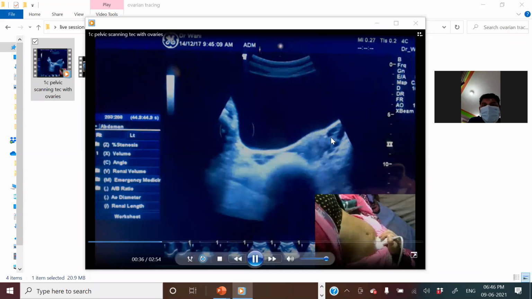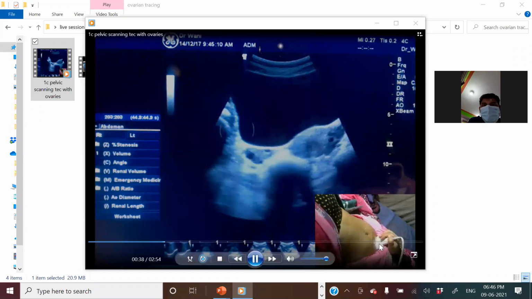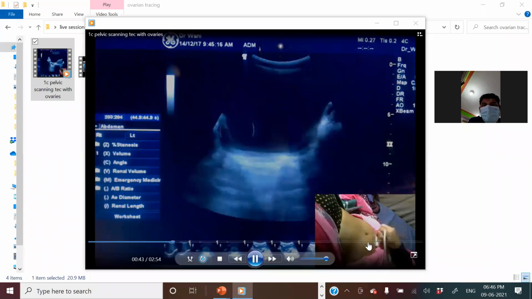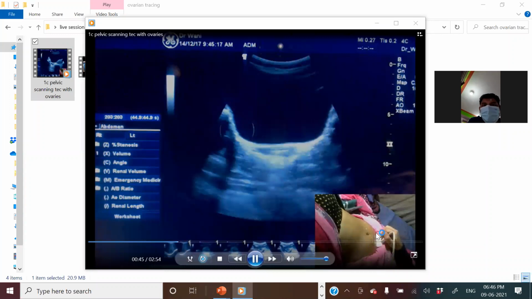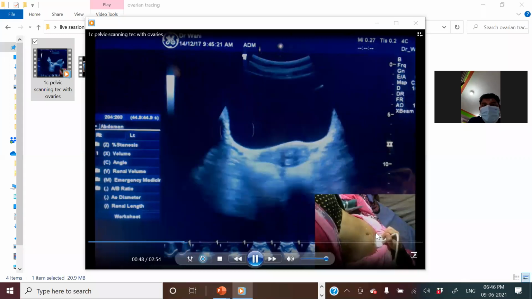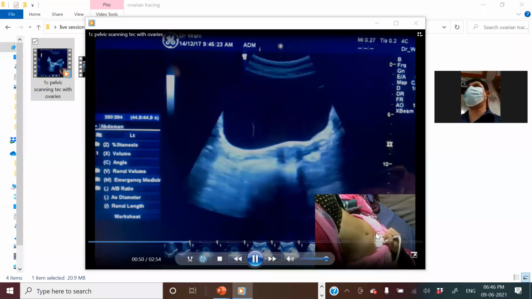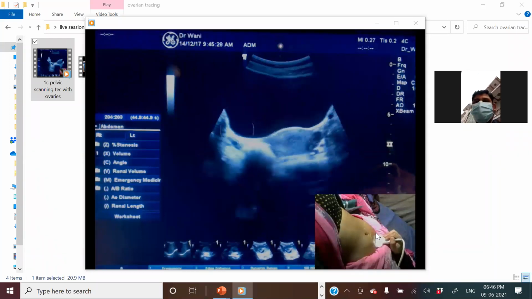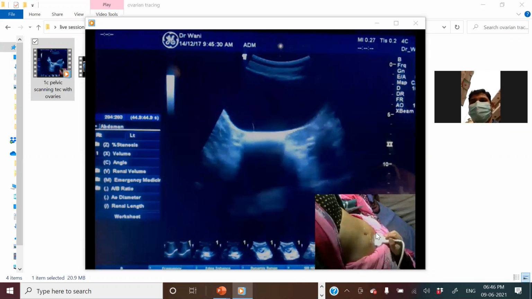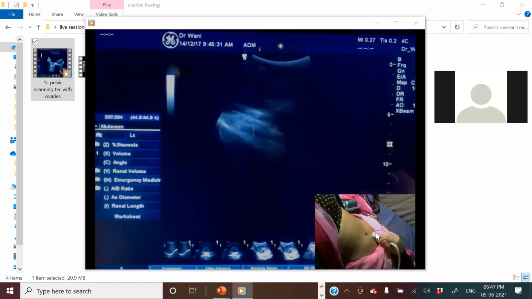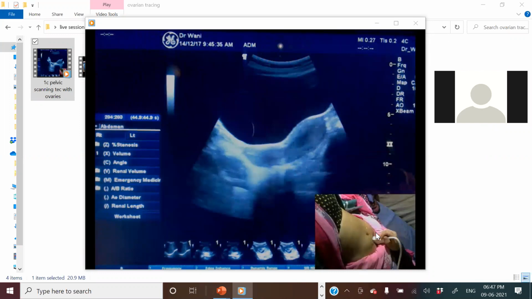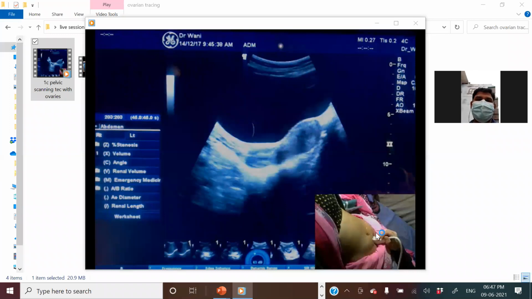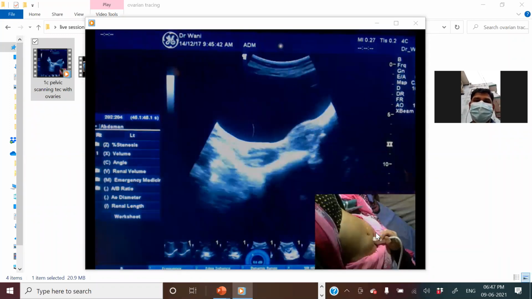For example, if I want to see the right ovary, I have to drag the probe towards the left side. Now the question may arise, how much do I have to drag? I don't have any answer, because the ovarian position is different from patient to patient. So you have to make small adjustments of the probe, but the key point is that you have to hit from the other side.